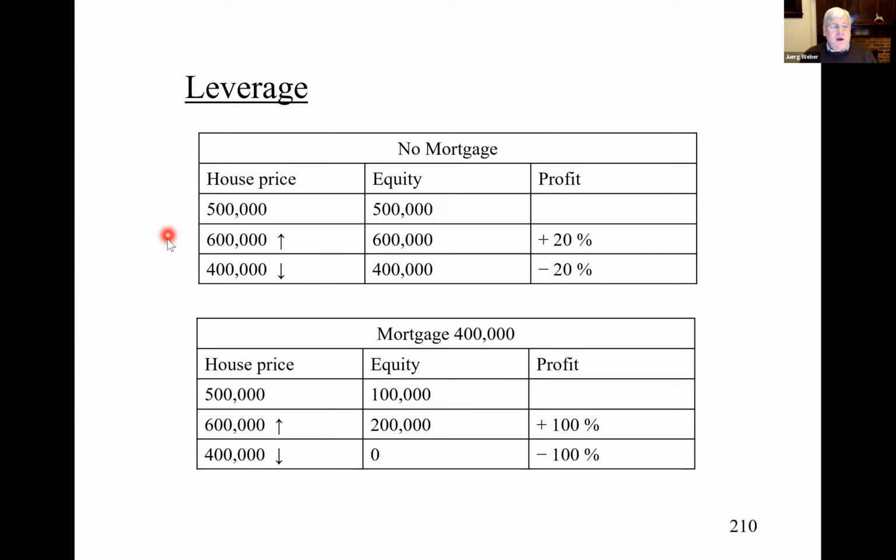Now, if the buyer is lucky and maybe 1 or 2 years later the house price is higher, maybe $600,000, then the equity of the owner of the house is now $600,000. So the initial investment of $500,000 has increased to $600,000, and the owner of the house has now a capital gain of 20%.